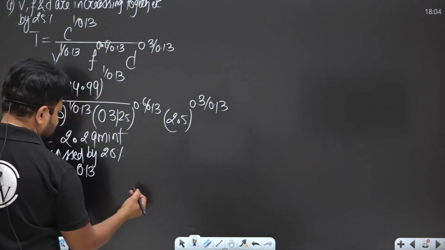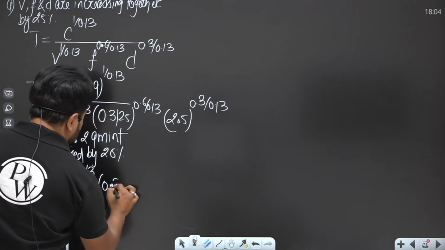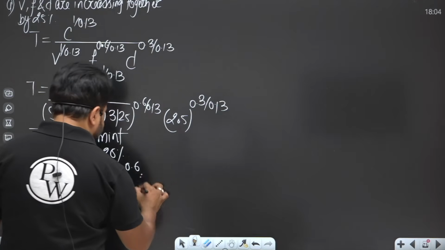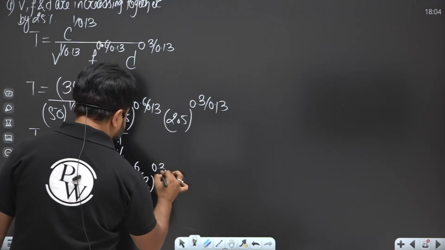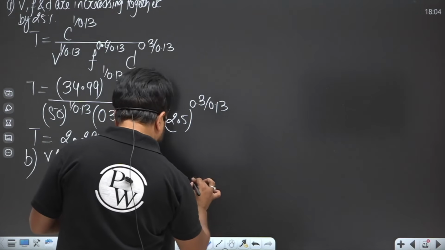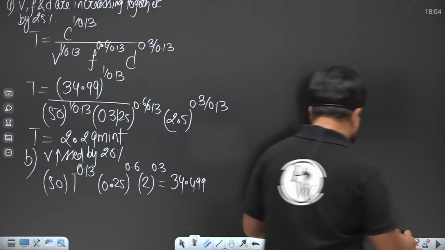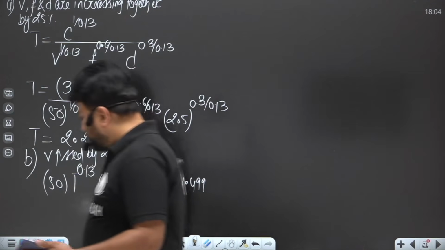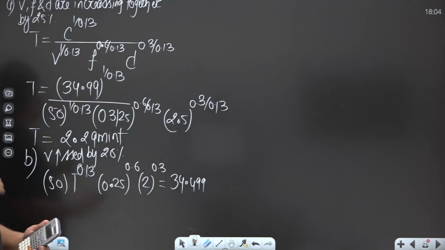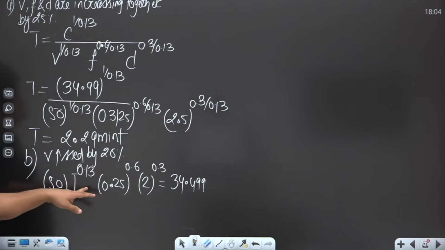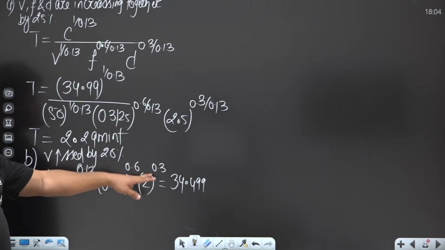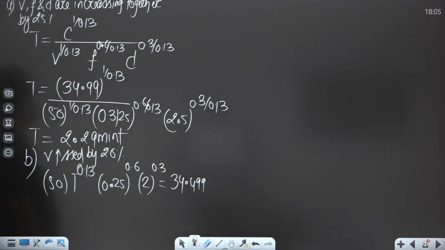Feed is as usual the same, that is 0.25 to the power 0.6, and depth of cut is 2 to the power 0.3, equal to C. C is again 34.99.